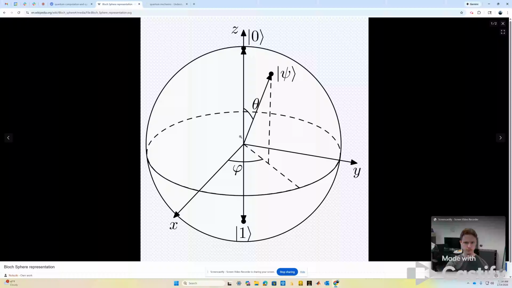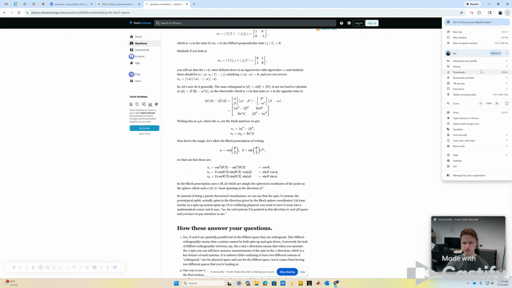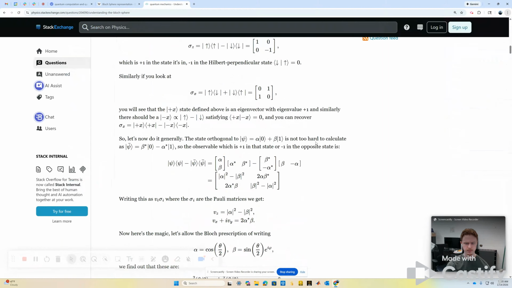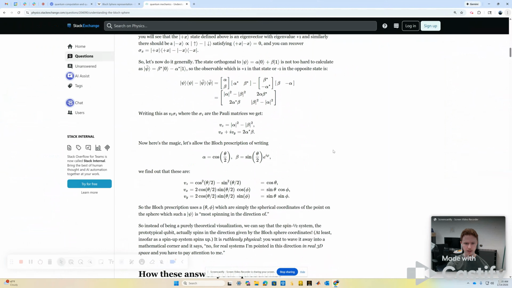Here is the physical meaning of what theta and phi actually represent on the sphere. It's important to note that the directly vertical line here is your ket 0, and the directly vertical state vector pointing downwards is ket 1. Now, in order to uniquely determine the position of any state vector, ket psi, this is how they do it. Let me zoom in a little bit here. That might be a little too much. That's better.